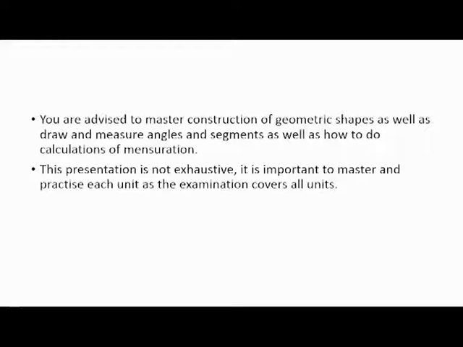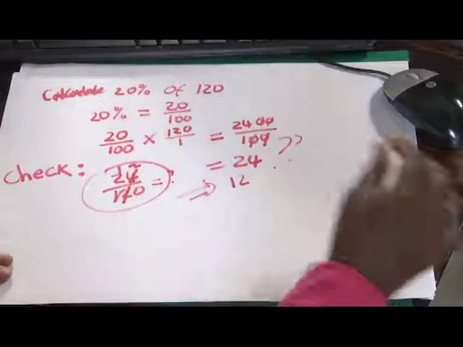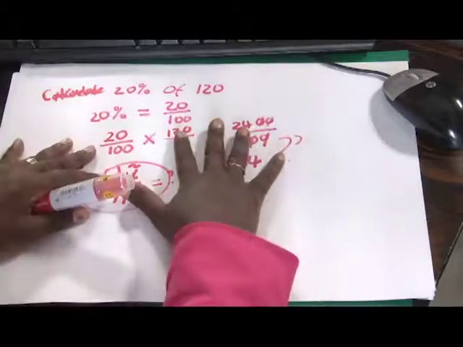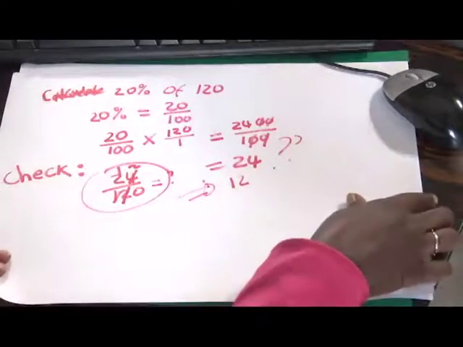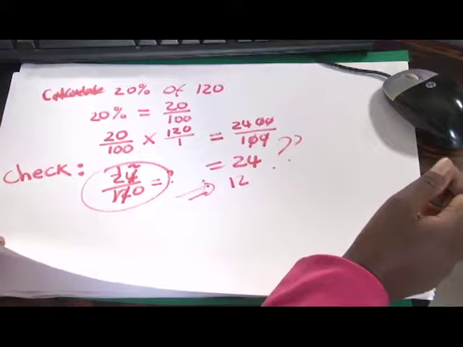So it can be correct. Though it seems correct, it can't be correct. So this answer was not right. So this one, it can't be correct. So I leave it for you to find the correct answer and do other calculations also. And do more practice so that you can check, because otherwise you will leave it comfortable knowing, I have done it correctly, when it's actually not correct.